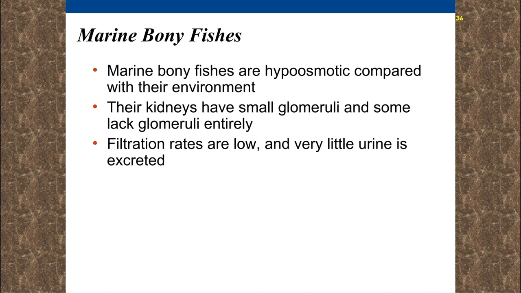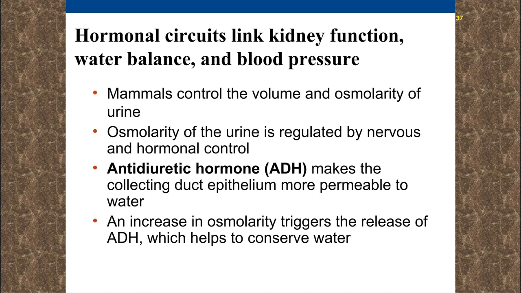And marine bony fishes are always hypoosmotic with their environment. Their kidneys have very small glomeruli and some lack glomeruli entirely. So the filtration rates are very low and a very little quantity of urine is excreted. Even though it is excreted, it is very much concentrated.